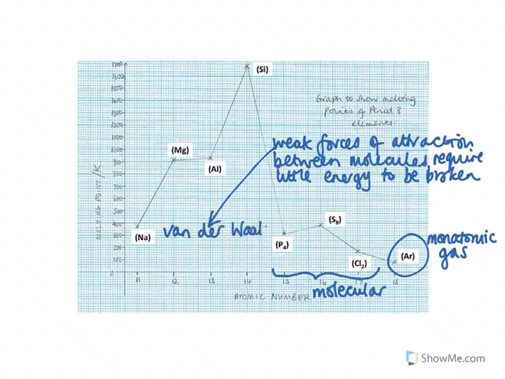And the van der Waals forces of attraction will depend in strength on the number of electrons present. So the strength of the van der Waals forces of attraction depends on the size of the molecule, the Mr of the molecule, but primarily because larger molecules have more electrons, and therefore the instantaneous dipole-induced dipole attraction becomes stronger.